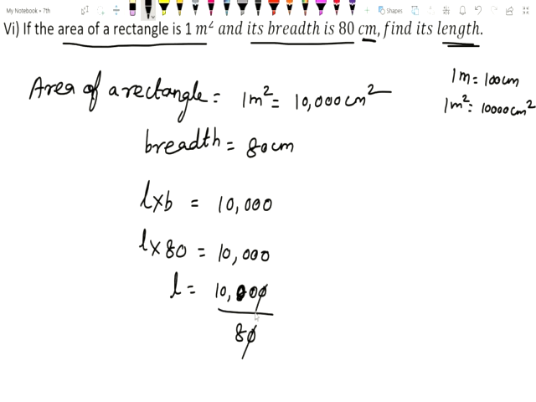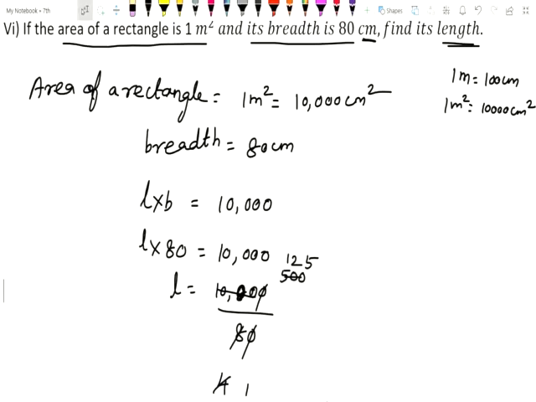0 0 cancel, 4 2s are 8, 5 2s are 10, 0 0, 4 1s are 4, 4 1s are 4, remaining 1 10, 2 4s are 8, remaining 2, 5 4s are 20.